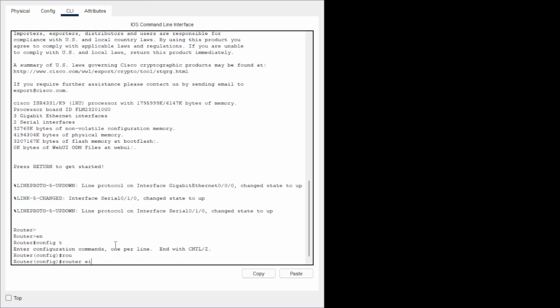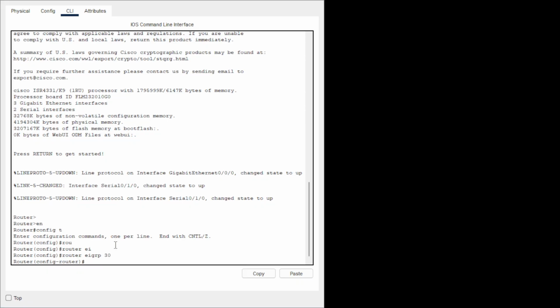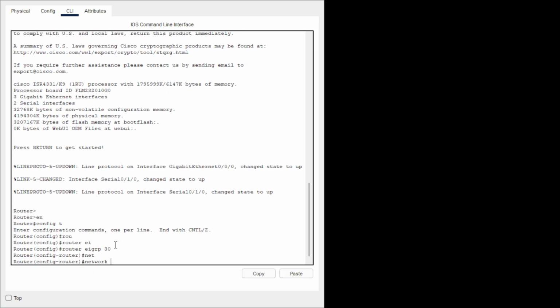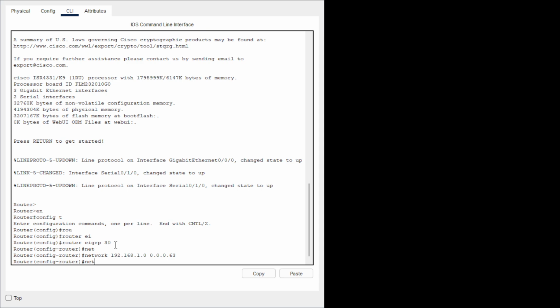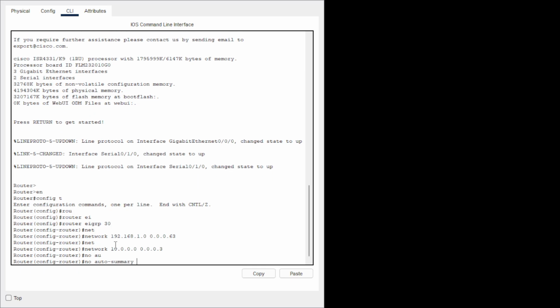Router EIGRP ASN number is 30, and here we have to advertise the networks in which my interfaces exist. The first network is 192.168.1.0 0.0.0.63, and the next network is 10.0.0.0 0.0.0.3, and no auto summary.